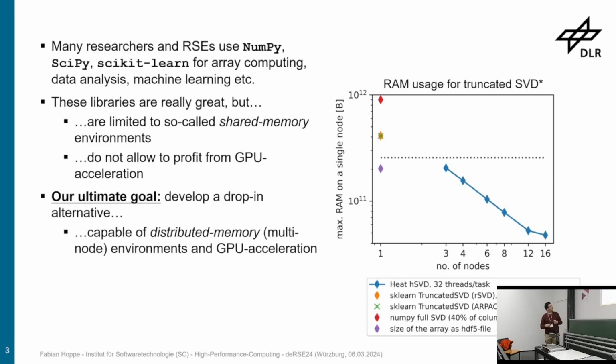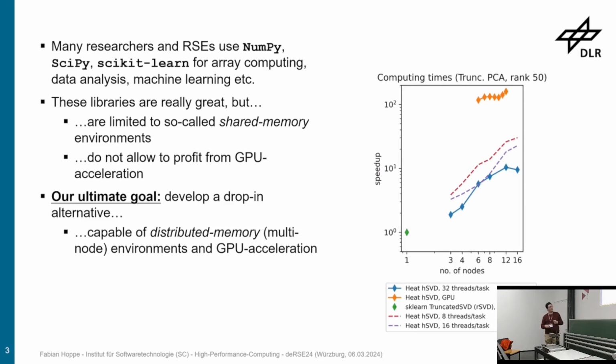And also we want to be capable of using GPU acceleration. You can see here the green marker is the reference, so scikit-learn on a single node, of course with multi-threading, which is standard in scikit-learn. And if you use HEAT, for example, you can achieve a speed up, which is not that impressive for CPU, but if you use GPU, you can really achieve a good speed up.